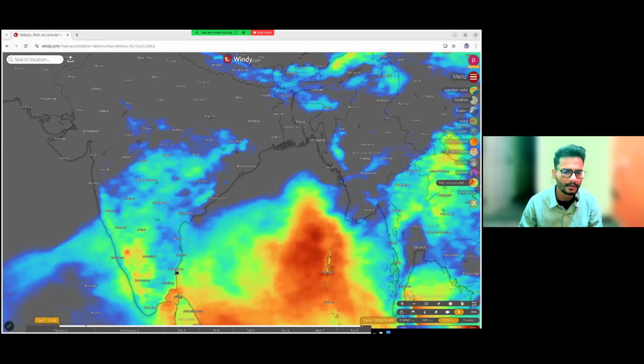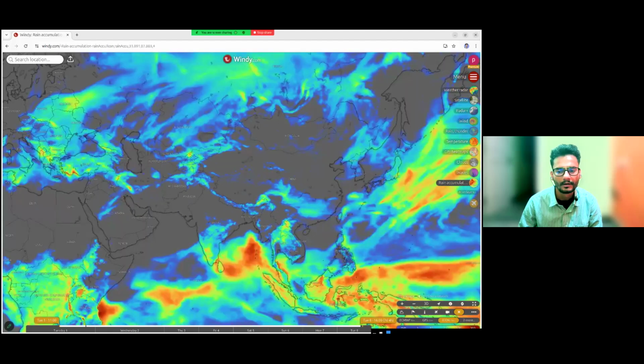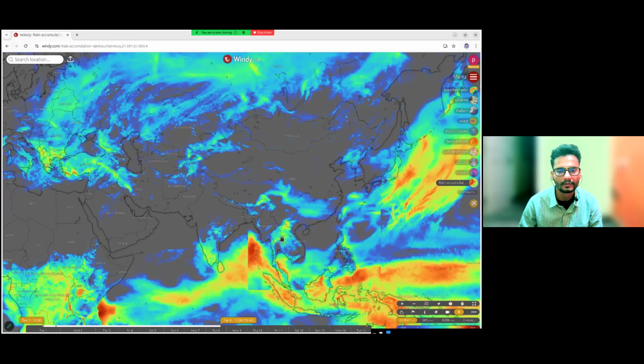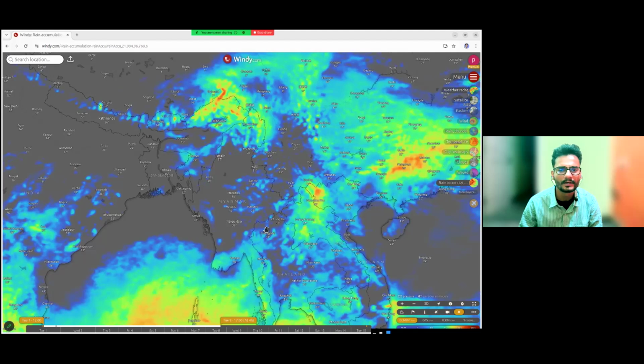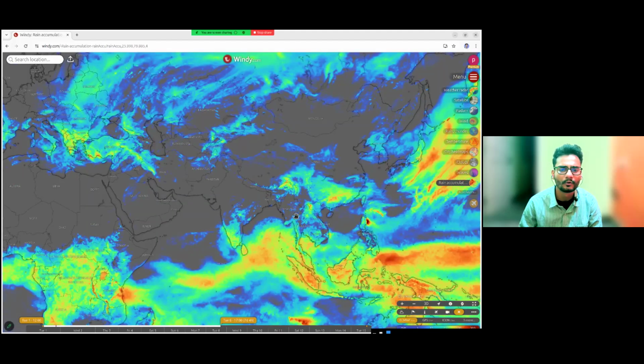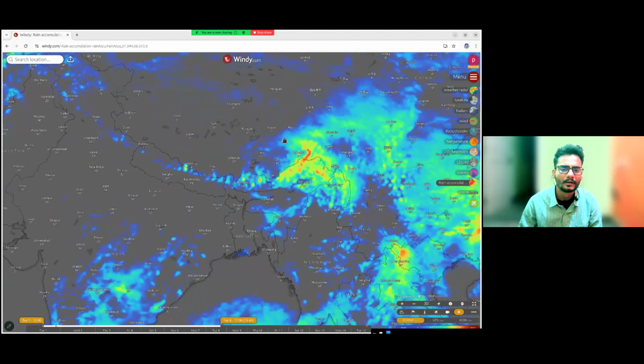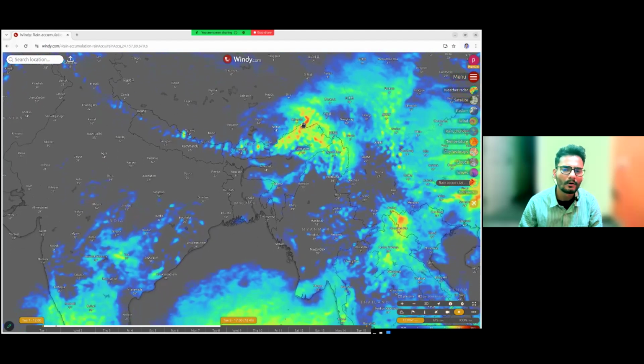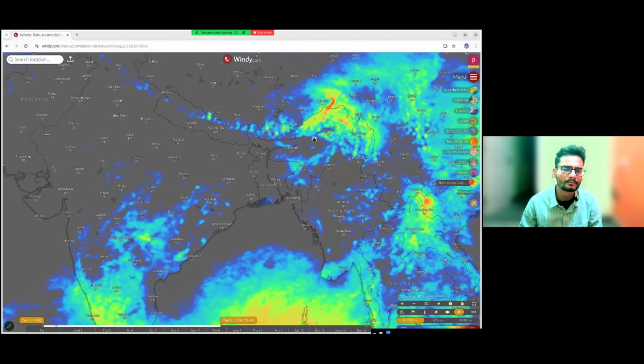Of course, Tamil Nadu, Kerala and Goa will also see a significant impact of this particular system. Northeast India will also experience thunderstorm activity, but it is expected to be below normal. Thunderstorm activities are quite common during this time over Northeast India, so we can expect normal to slightly below normal activity.